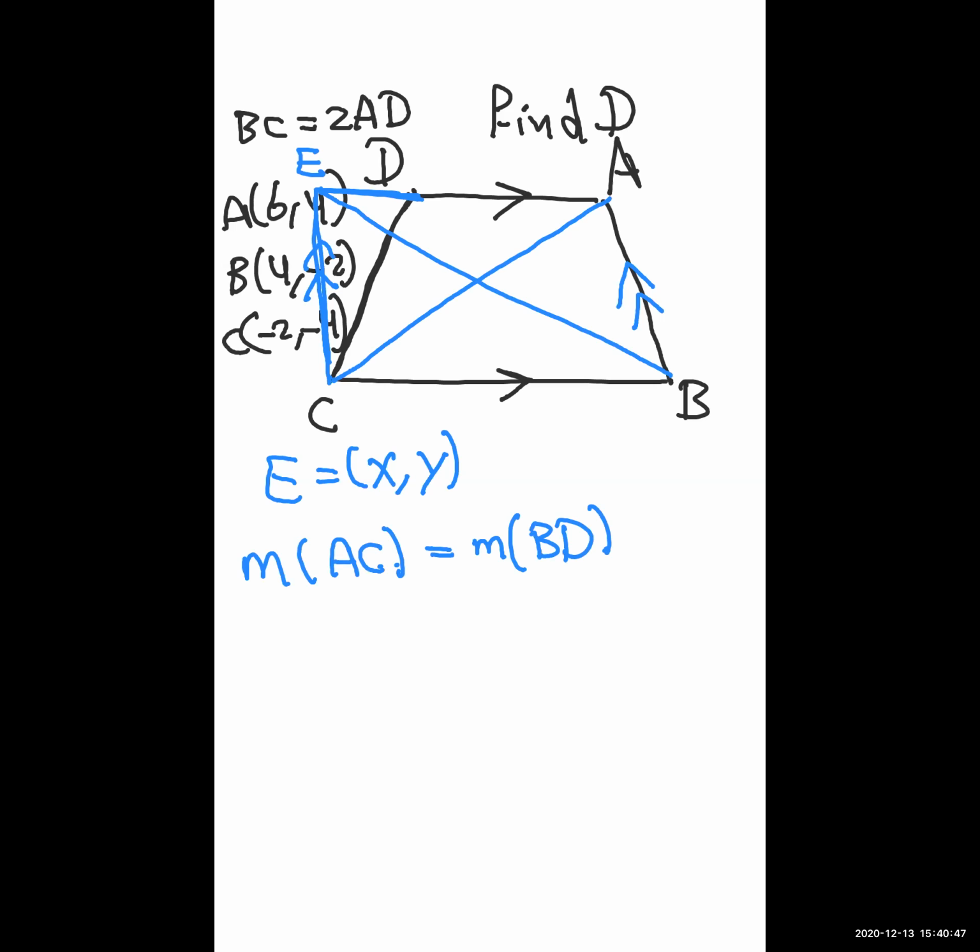So that means, guys, the midpoint of AC, here A is given and C is given, okay? So we said that the midpoint of AC will equal the midpoint of BE, sorry, BE.